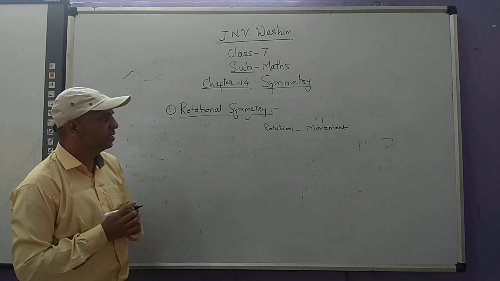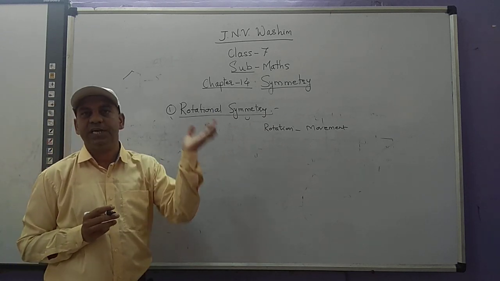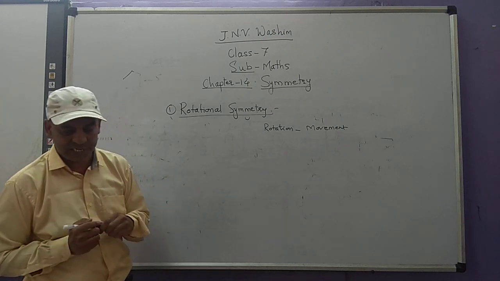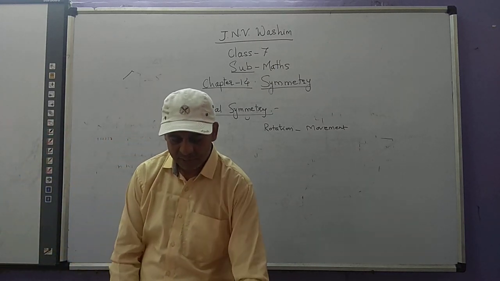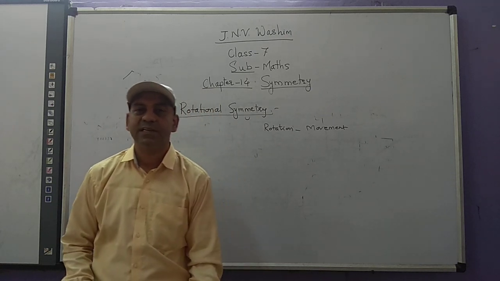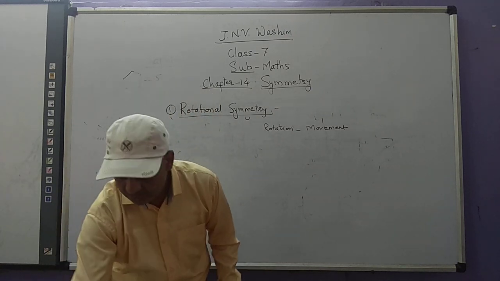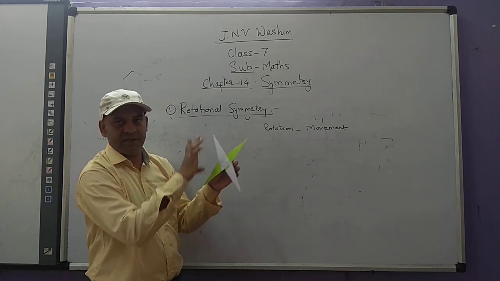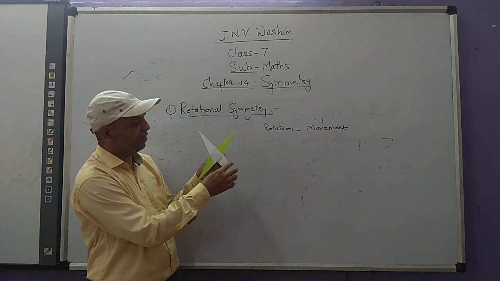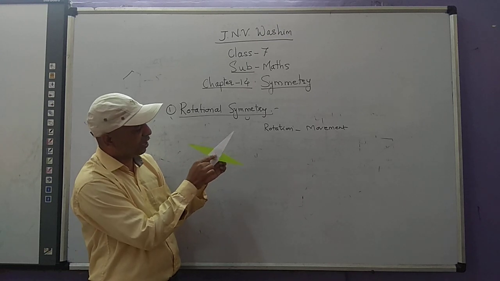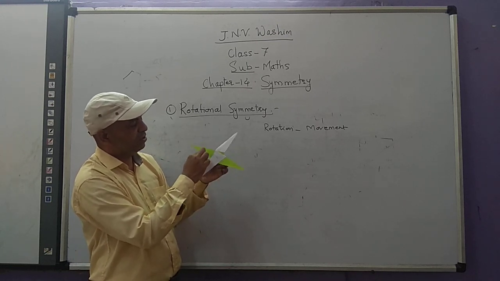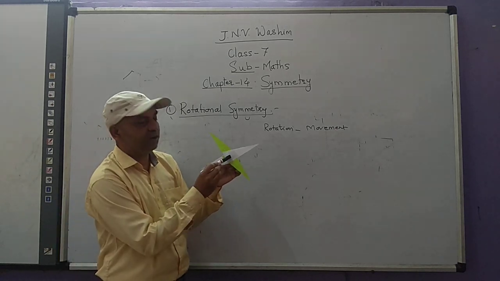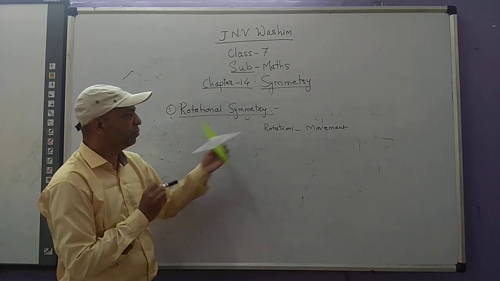Okay, movement. Now, when we rotate an object about a fixed point, that is called the center of rotation. Now, in this figure, this is the blade's winding, and if I rotate it about a fixed point, this fixed point is called the center of rotation.